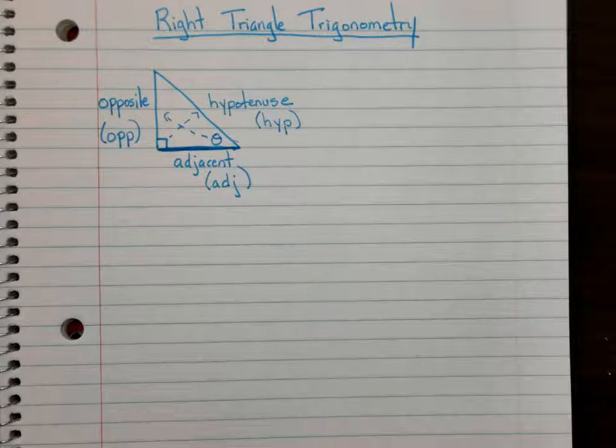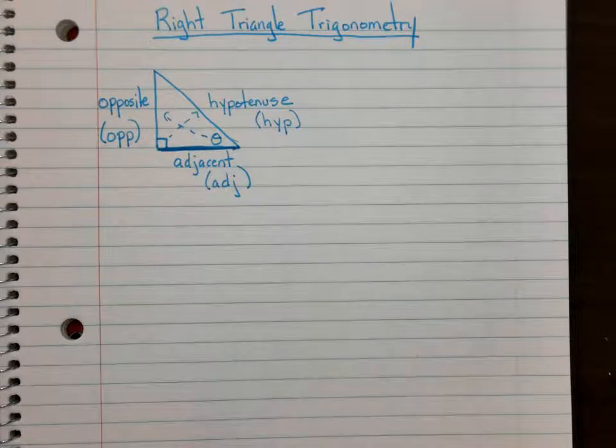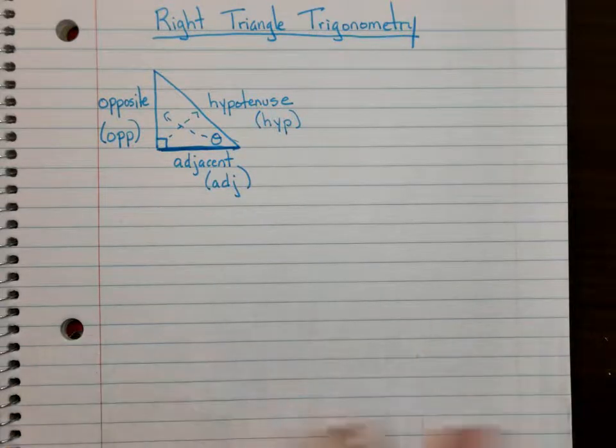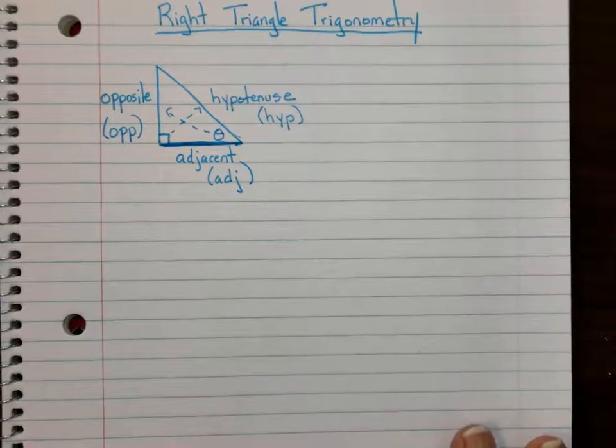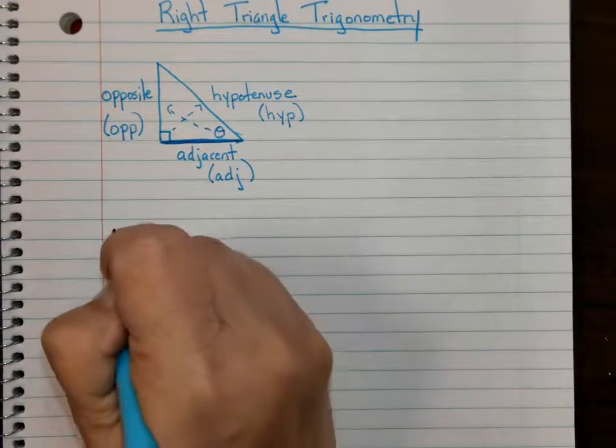And so there are three functions that relate this angle theta with the sides of the right triangle that you learned in geometry. And then there's three others that you guys probably don't know too much about. So we're going to start with what you know.